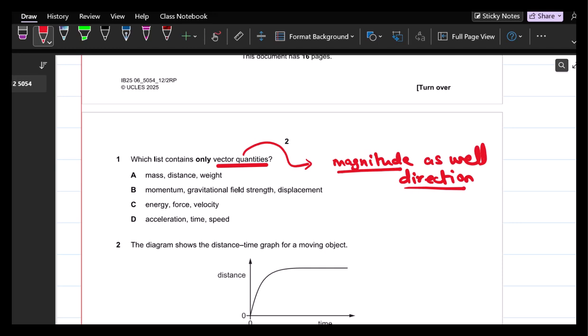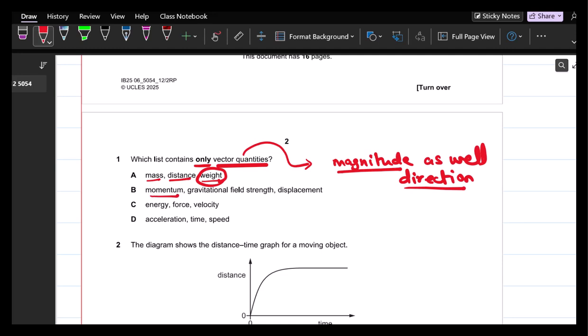So mass, distance and weight, they are not all vector quantities. Mass is a scalar quantity, distance is also scalar, weight is a force, so only this one is a vector quantity. But we need a list that contains only, means all should be vector quantities.